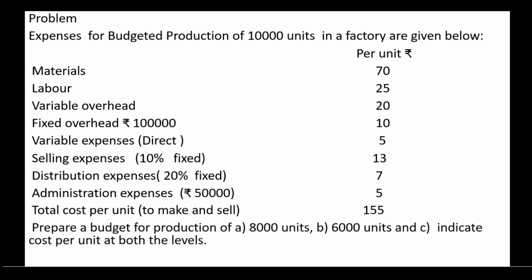Prepare a budget for production of 8,000 units, 6,000 units and indicate cost per unit at both the levels.